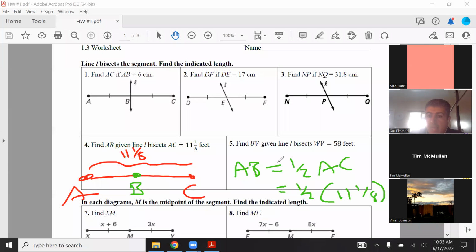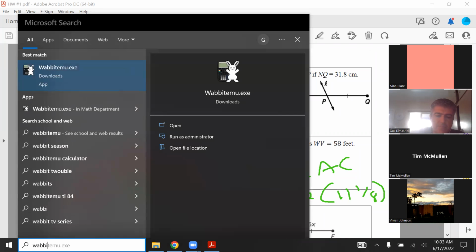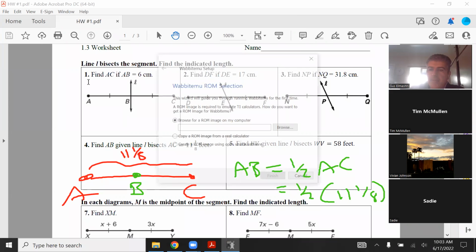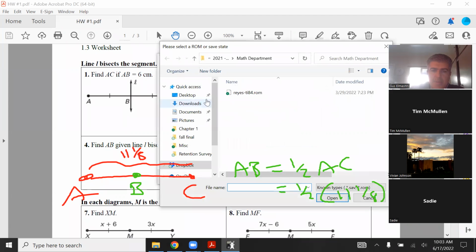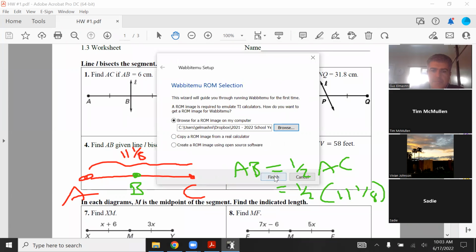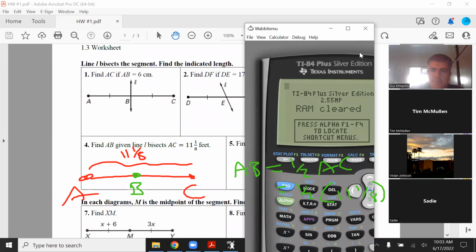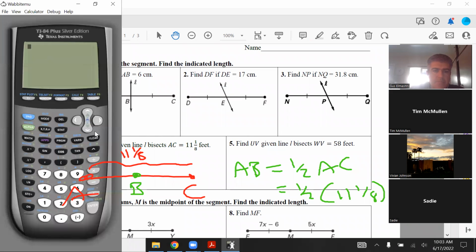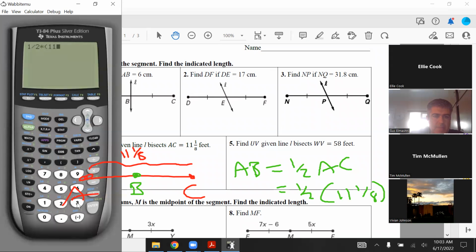And that's where you could just use a calculator to do that calculation. I'm actually going to pull up the graphing calculator. It's a little more sophisticated than the one on my computer. So all you do is 1/2 times, and then 11 plus 1/8.